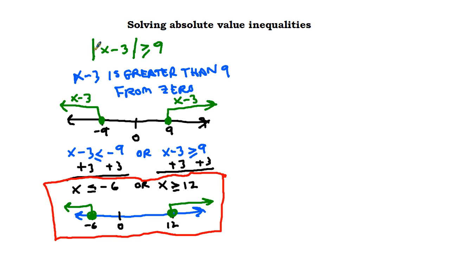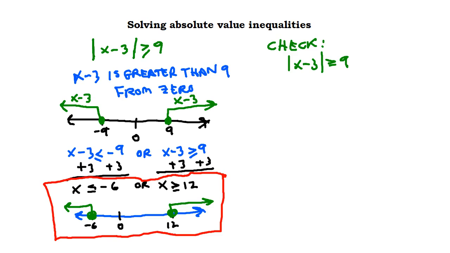Okay, now let's do the crucial check step, and let's see what happens if we actually take some of these values and plug them in here. So again, we'll take the absolute value of x minus 3 greater than or equal to 9, and we want to know which values of x will make this a true statement.